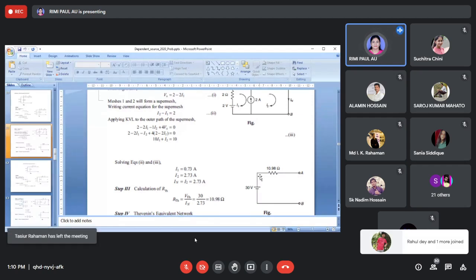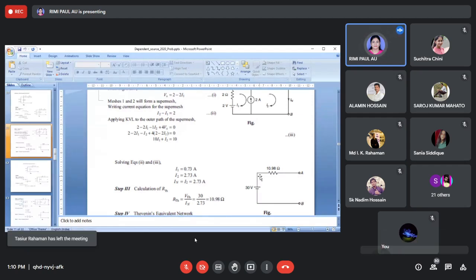You will understand what nth order is when you learn control system. To convert nth order to first order, I need an equivalent circuit, and at that time you will apply Thevenin's theorem. So there are different kinds of problems.